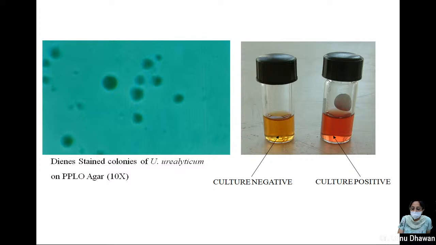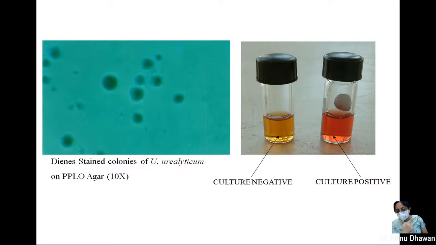Now here, this is a growth of Ureaplasma urealyticum, and as you can see, the media which is culture positive for Ureaplasma has turned pink because we've supplemented the basal media, which contains the PPLO, the yeast extract, the antibiotic, horse serum, with urea.